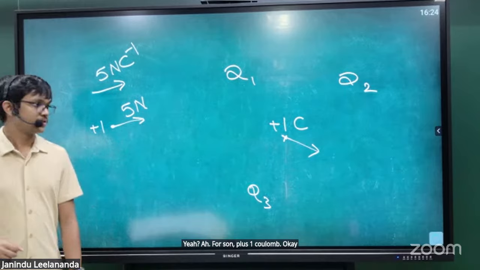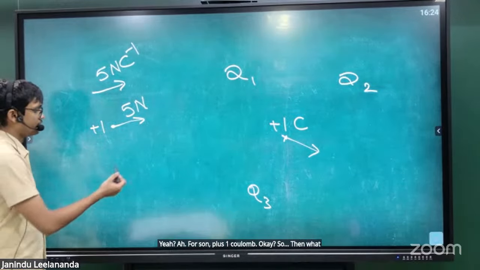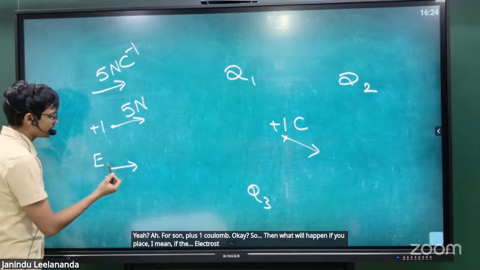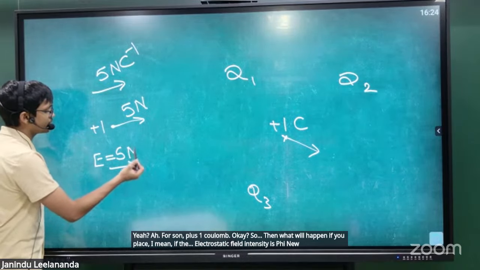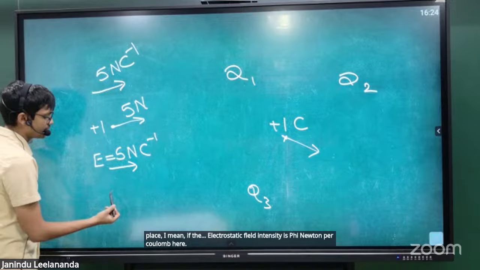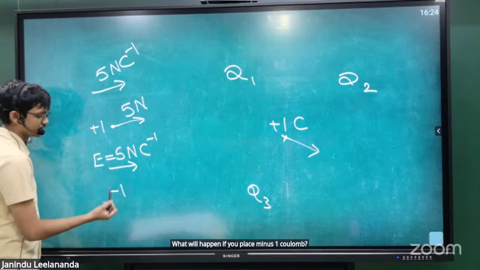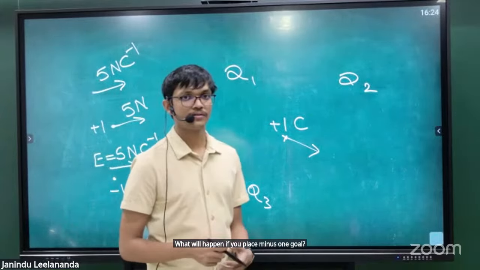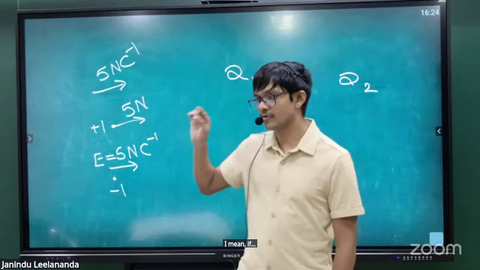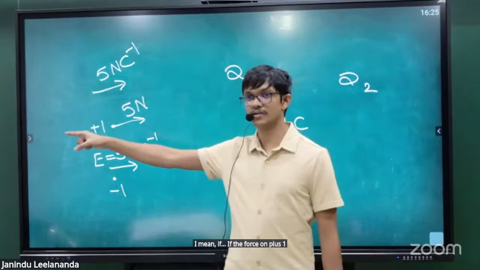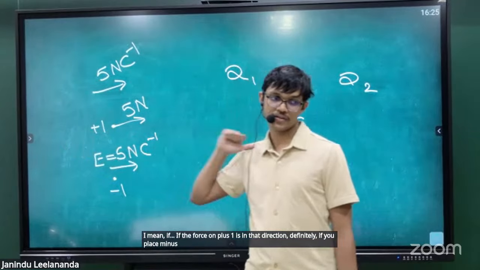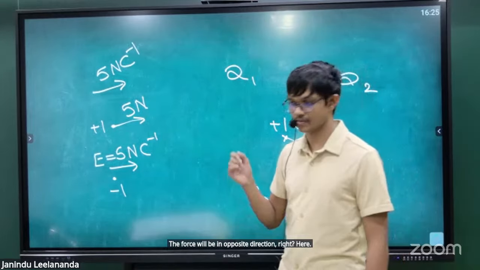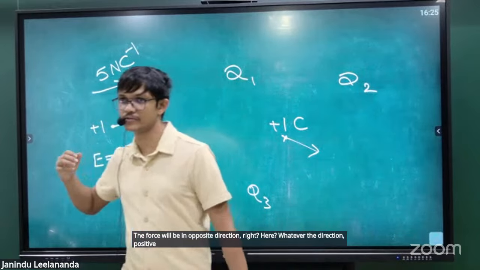So what will happen if the electrostatic field intensity is 5 Newton per coulomb here and you place minus 1 coulomb? If the force on plus 1 is in that direction, definitely if you place minus 1, the force will be in the opposite direction, right? Whatever the direction, positive flows one way, negative flows in the opposite direction.